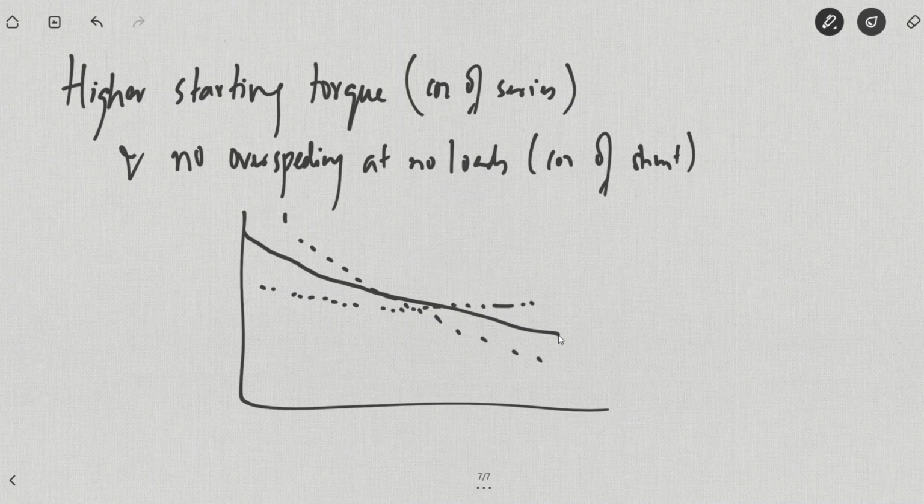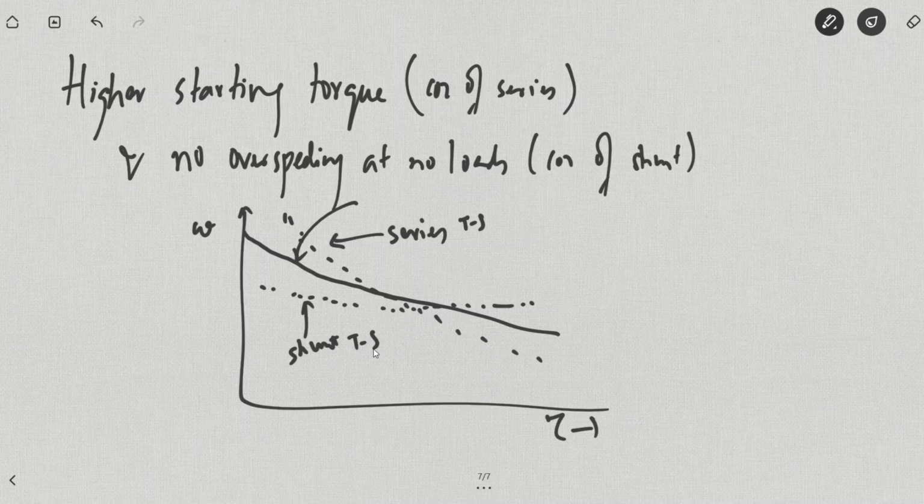Without actually deriving the speed equation, we can directly see, because of the effect of shunt and series field windings, the torque speed characteristics of a cumulatively compounded DC motor will be something like this, where this dot represents the series torque speed characteristics, this set of dots represents the shunt torque speed characteristics.